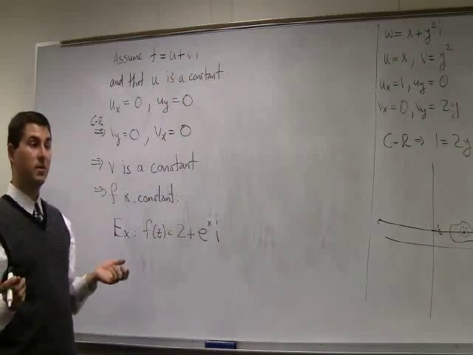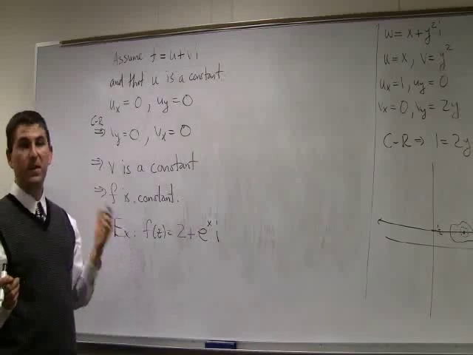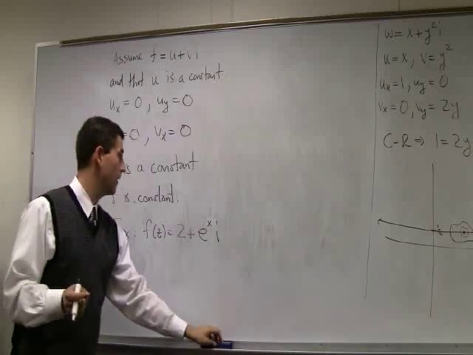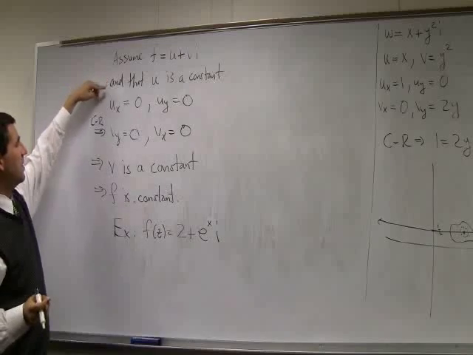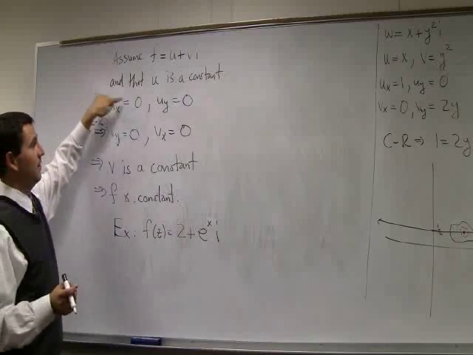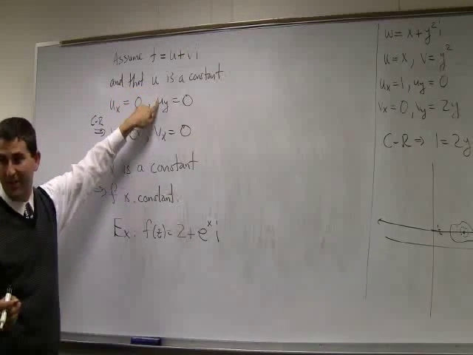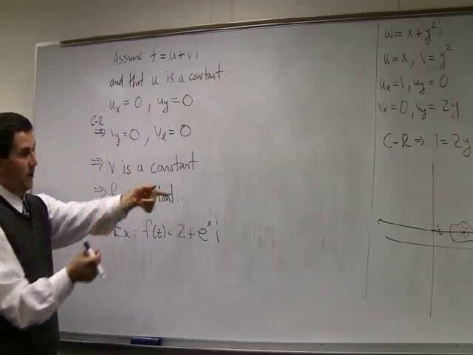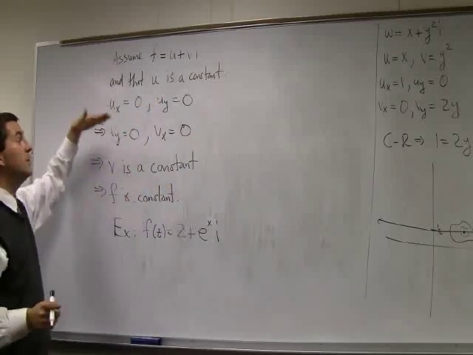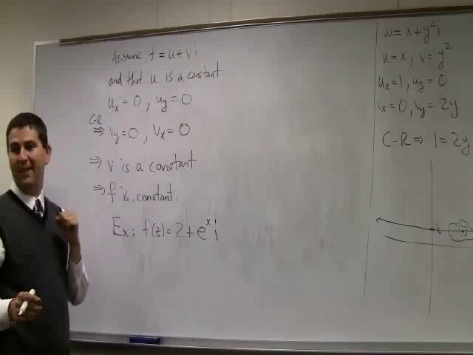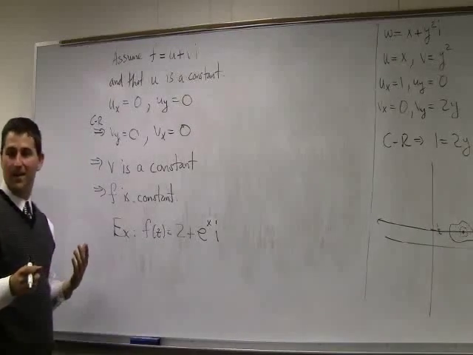Now, is there anything special about u? What if v was a constant? Then you're toast as well. Well, look, v is a constant, and you know that vx is 0 and vy is 0. Extra crispy toast. Run the Cauchy Riemann equations, and you get that ux and uy are 0. And so u must be a constant.